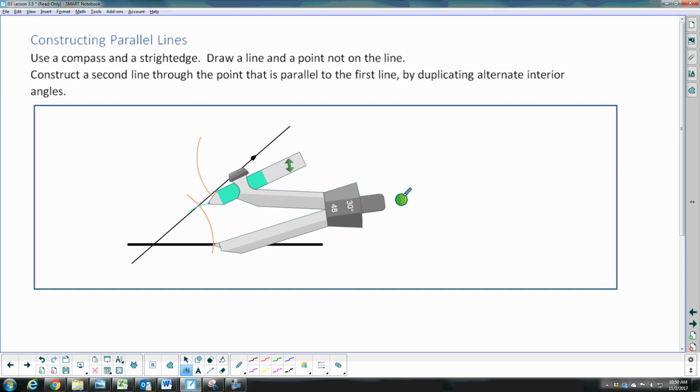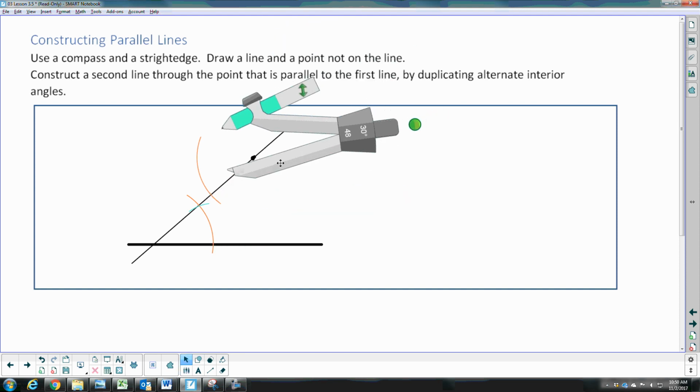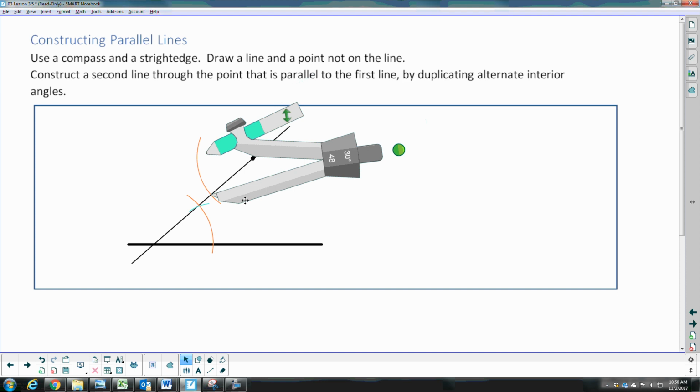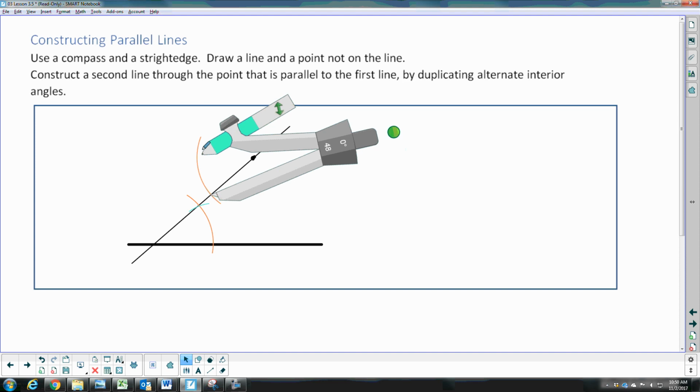Okay, and then I'm going to take my compass and I'm going to move it up, not to the vertex, but just like we were duplicating an angle, to where that original arc, or my orange arc, intersects with my transversal.